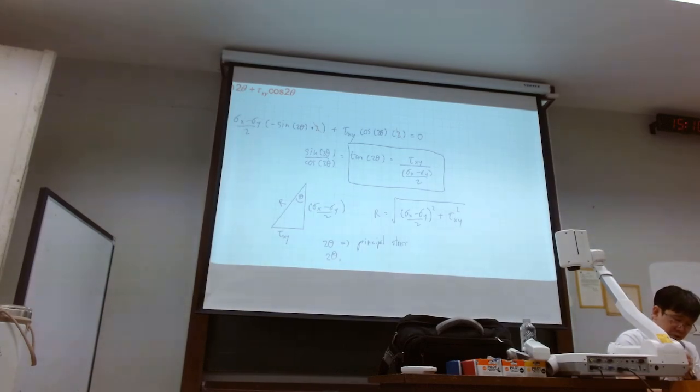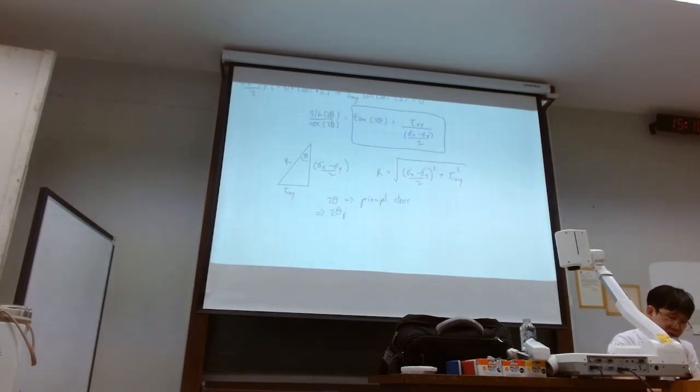So a lot of time we would call it 2 theta p. If you want to know 2 theta p, it would have to be arc tangent of tau xy over sigma x minus sigma y over 2.